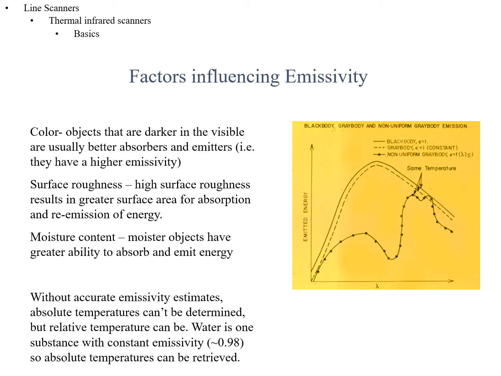So without an accurate emissivity estimate, absolute temperatures can't be determined, but relative temperatures can. And luckily, water is one substance with a constant emissivity of about 0.98. So with just a bit of a fudge factor there, that emissivity, absolute temperatures can be retrieved from water.